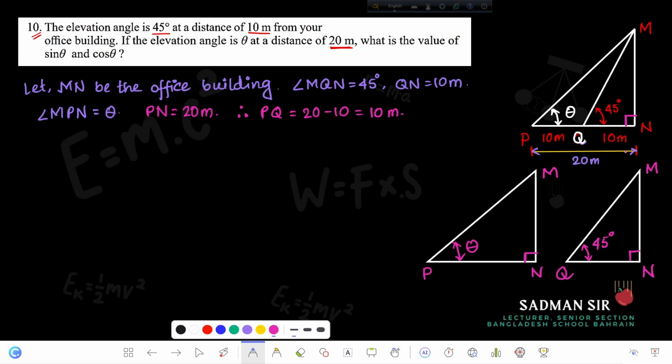In this case the base is 10 meter, and here the base is 20 meter. So what we need to do, from the smaller triangle, can I find out MN? We can easily find out, right? Let us use a different color.